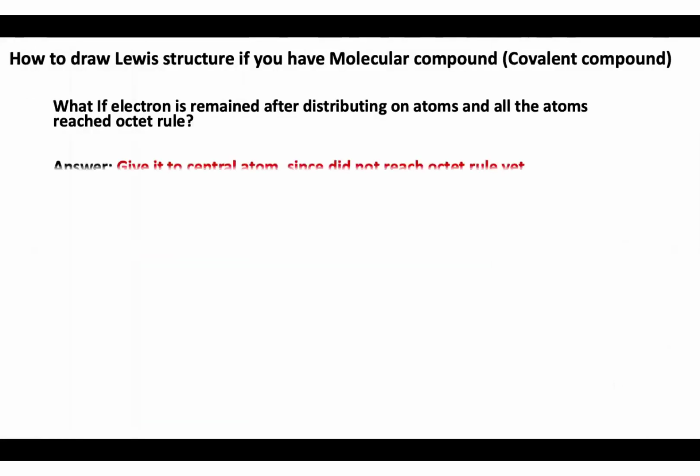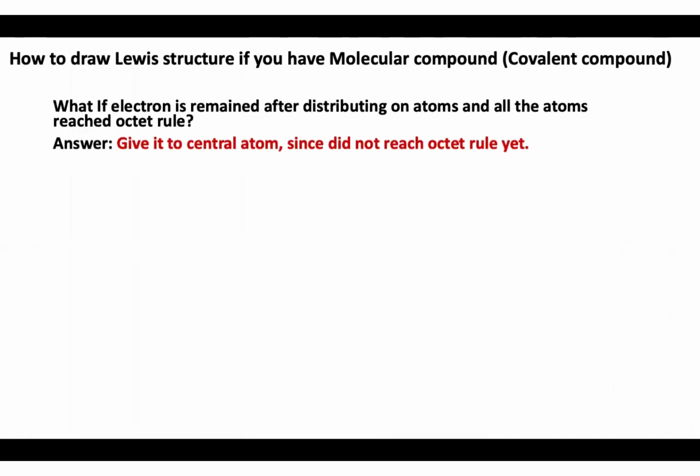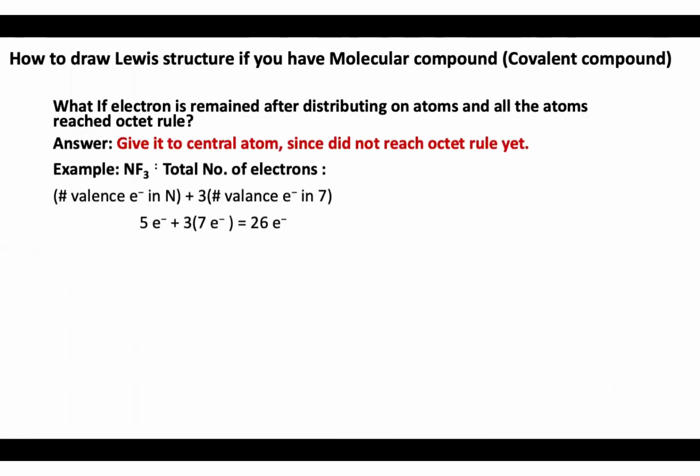Okay, so what about NF3? Please pause here and try to do NF3. First we organize the NF3, and N should be in the center because it's smaller, and three F's are around.